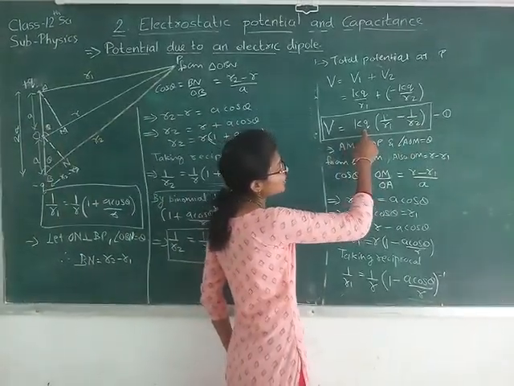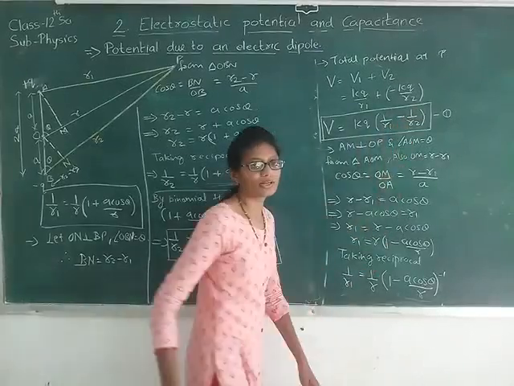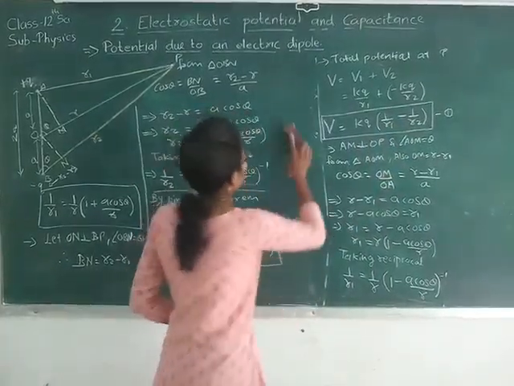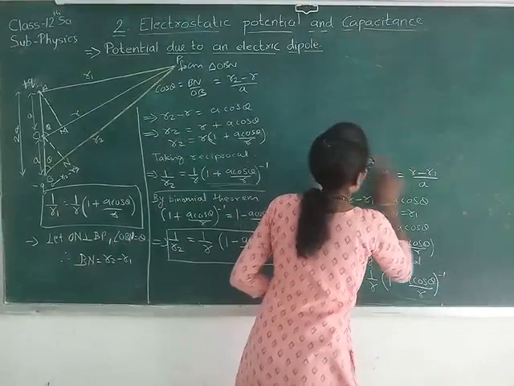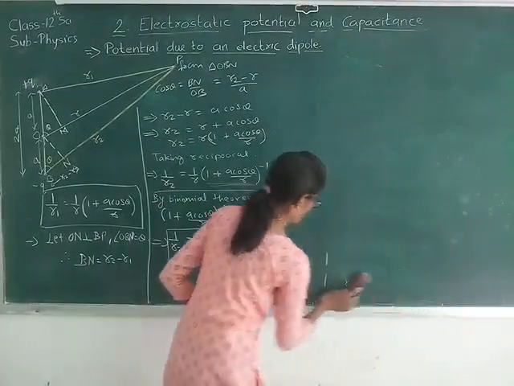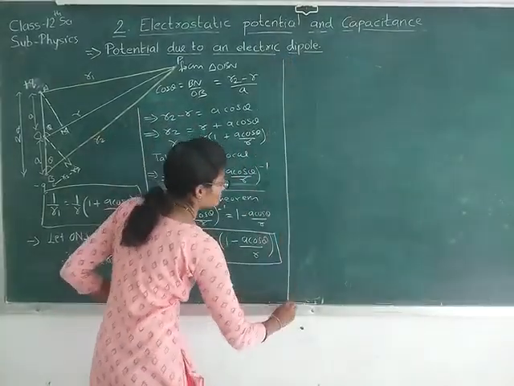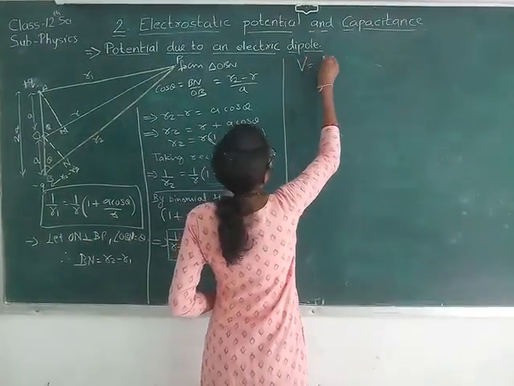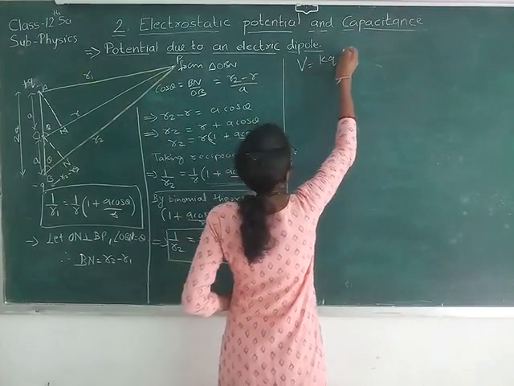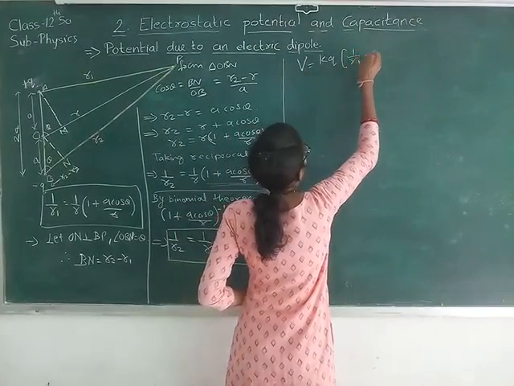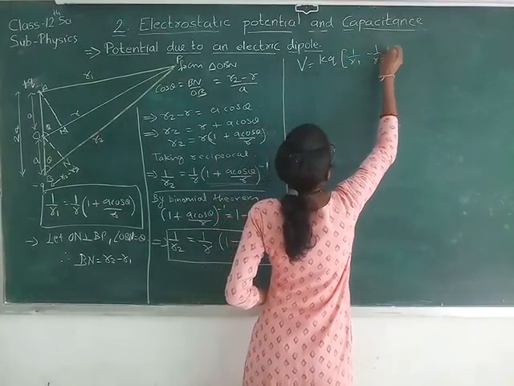V equals to KQ into 1 upon R1 minus 1 upon R2. So now V equals to KQ 1 upon R1 minus 1 upon R2.